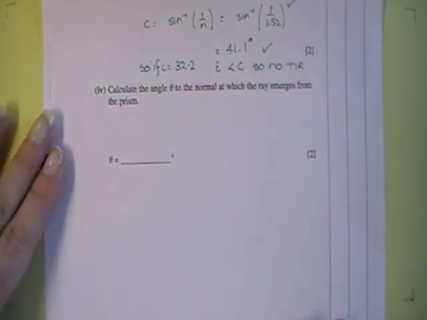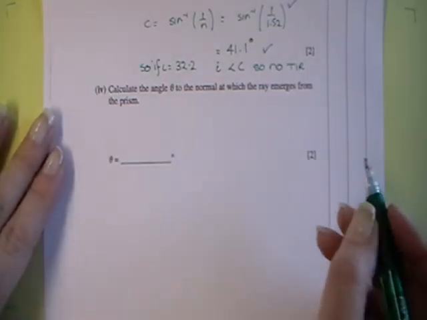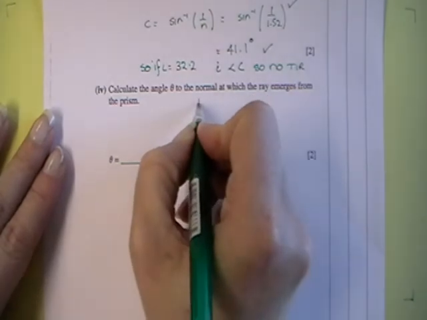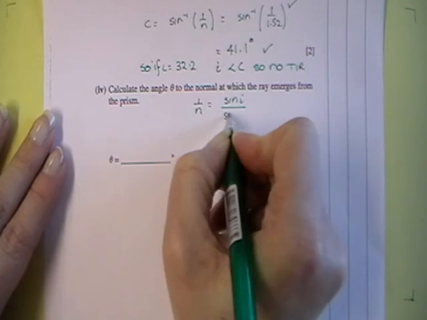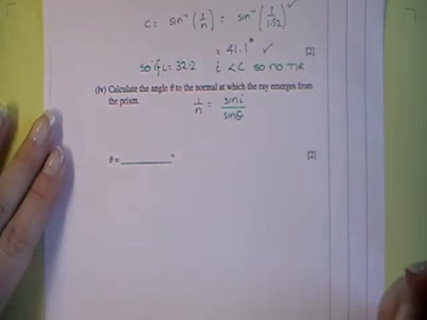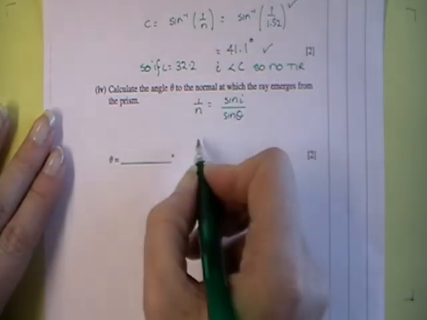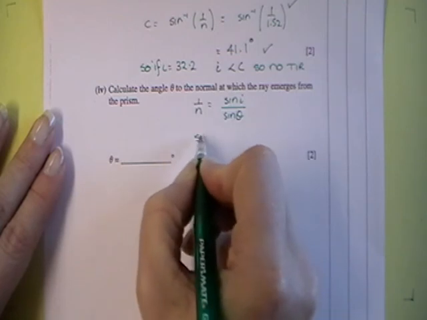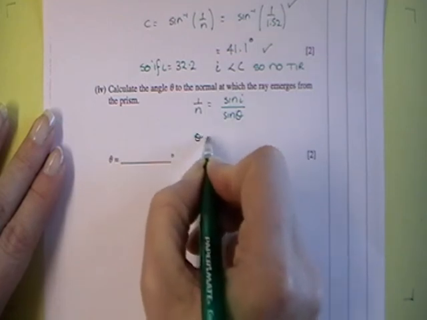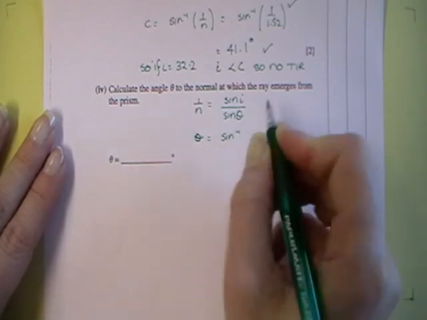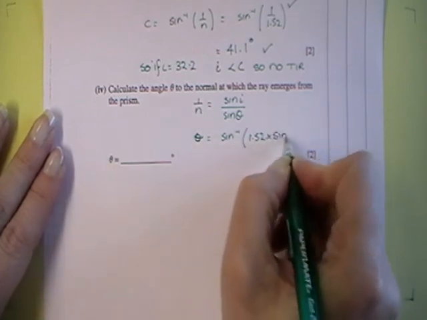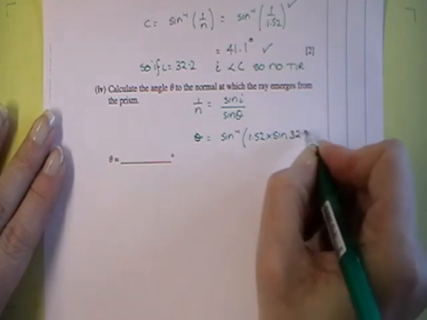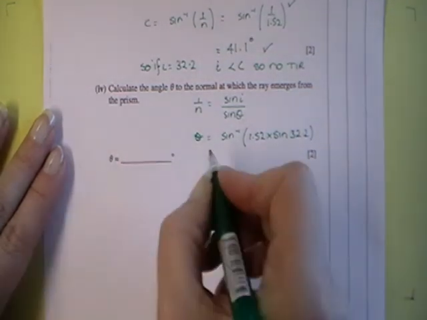As the ray is now leaving the glass and going to the air, we can say that 1 over n is equal to sine of A over sine of theta. To rearrange that, we then find theta is equal to the inverse sine of 1.52 times the sine of A, which was 32.2 degrees.